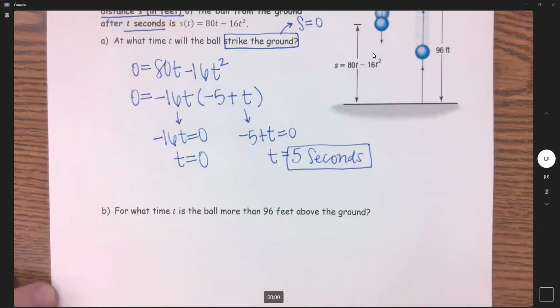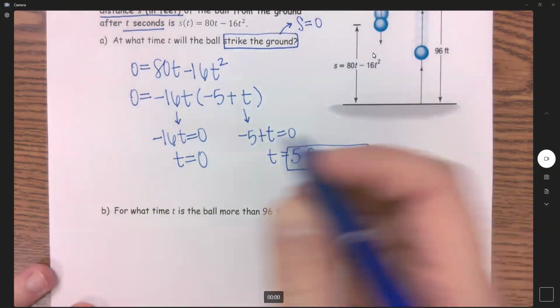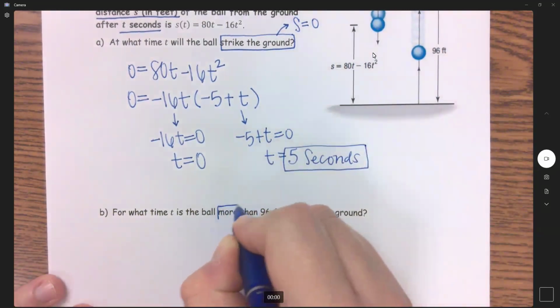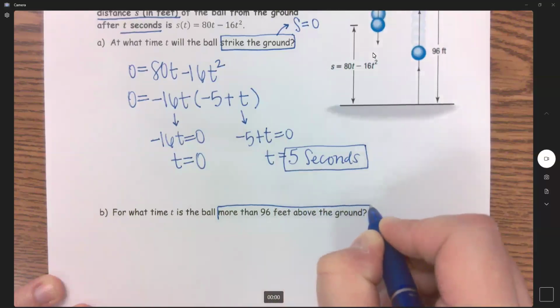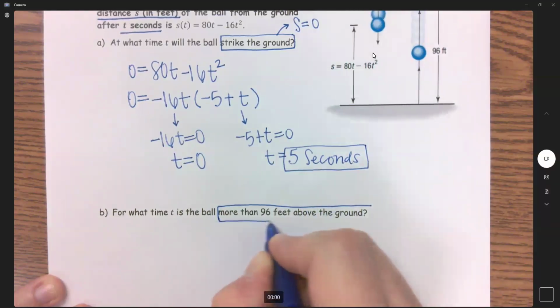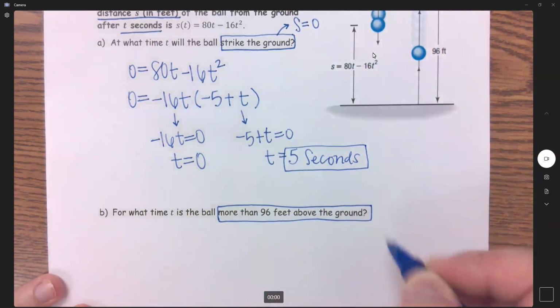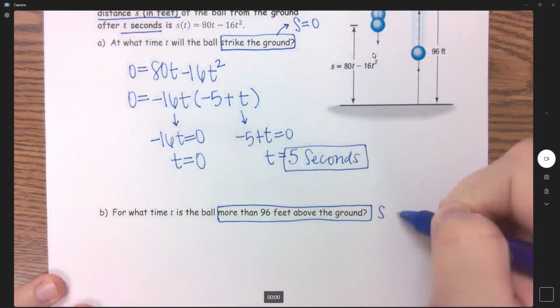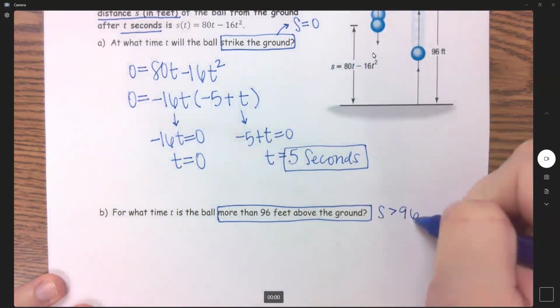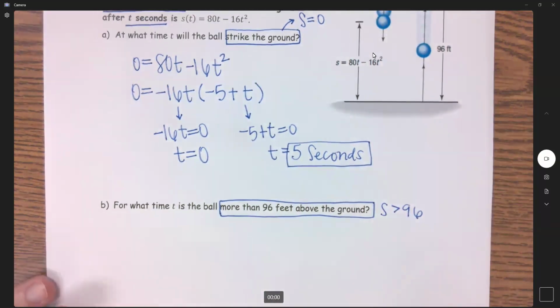Now, for what time t is the ball more than 96 feet above the ground? So more than 96 feet above the ground means that my s is greater than 96.